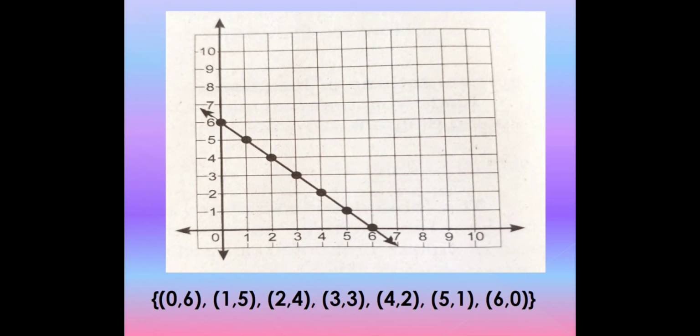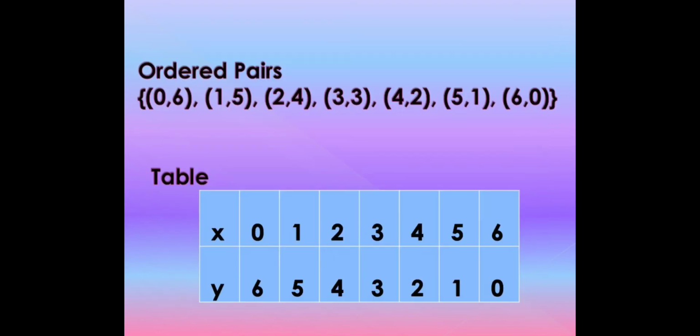Now let's have the table. By using the ordered pairs that we have formed, we can now formulate our table. So we have x, all the first coordinates: 0, 1, 2, 3, 4, 5, 6. And the y coordinates: 6, 5, 4, 3, 2, 1, 0. And this is how you formulate the table.